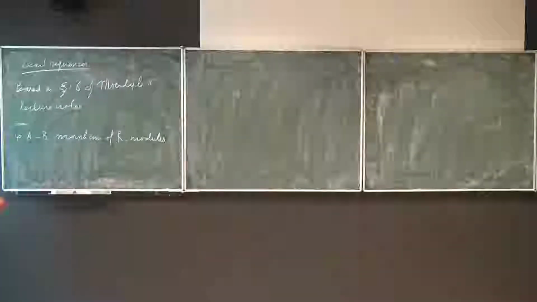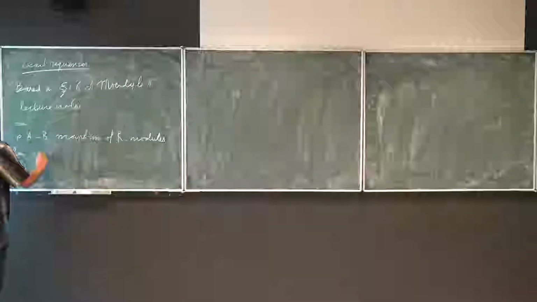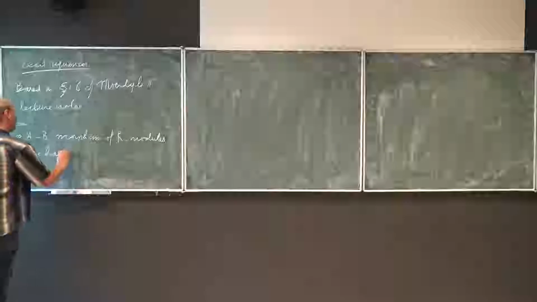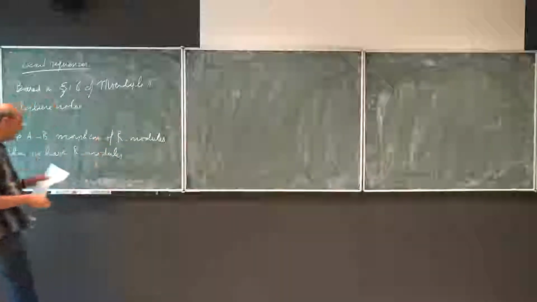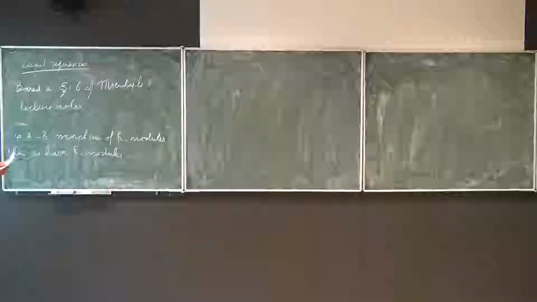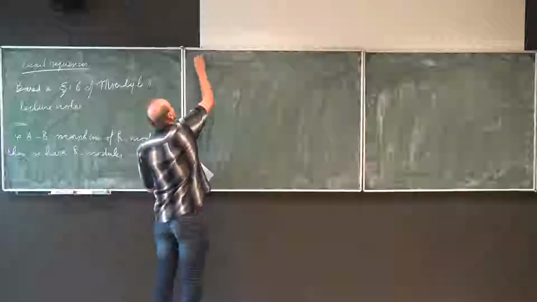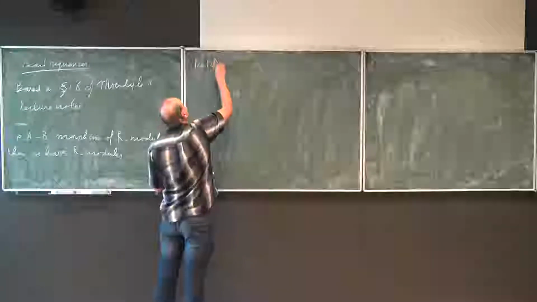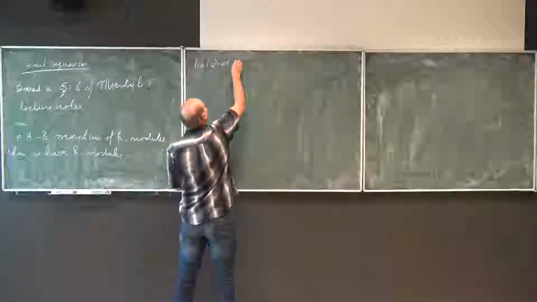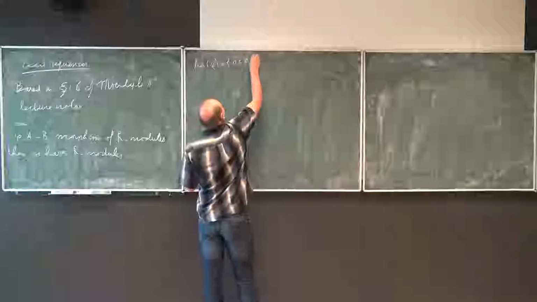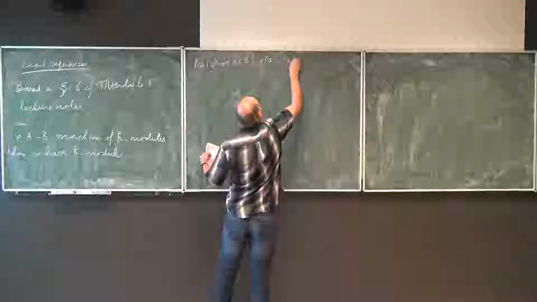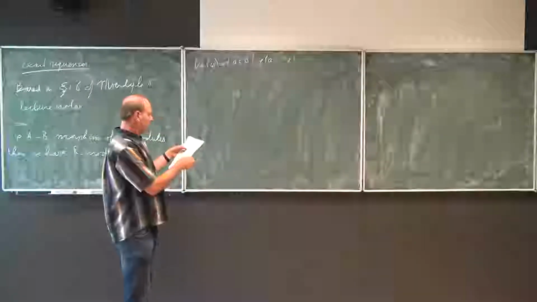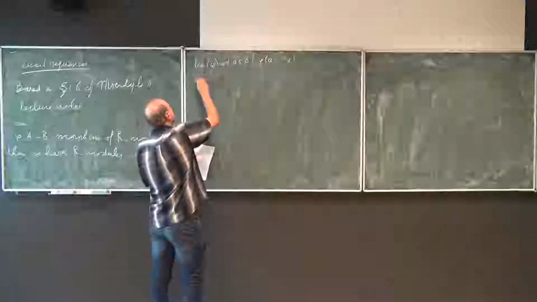So then we have a few modules associated to this, and these will also be R modules of the same type, so left or right depending on what we started with. And we write them here. So we have the kernel of phi. We have all a in A with phi of a equal to the 0 of B. Then we have the image of phi.